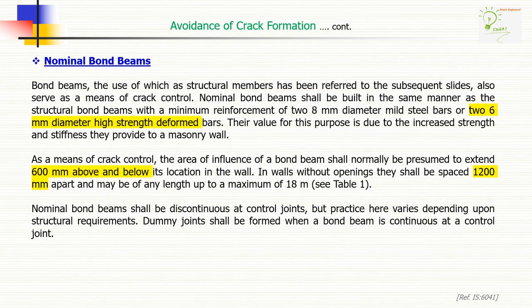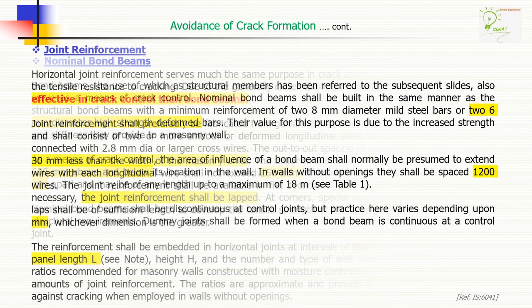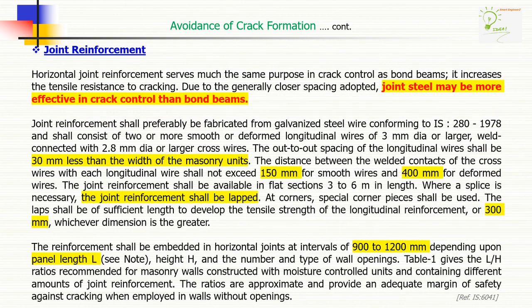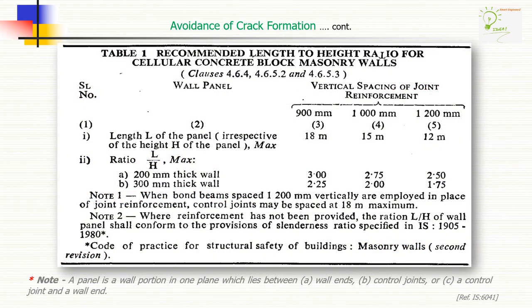Nominal bond beams. Joint reinforcement. Recommended length to height ratio for cellular concrete block masonry walls.